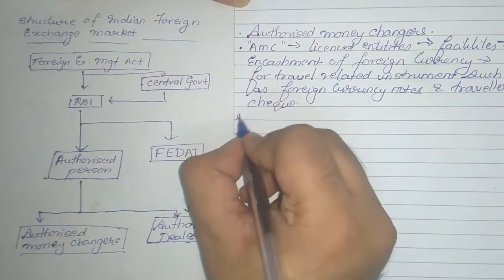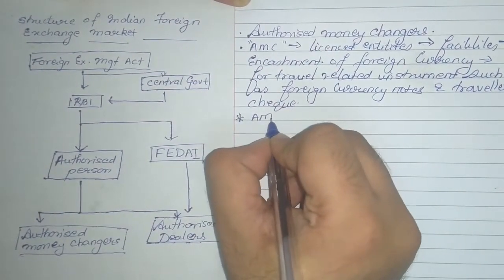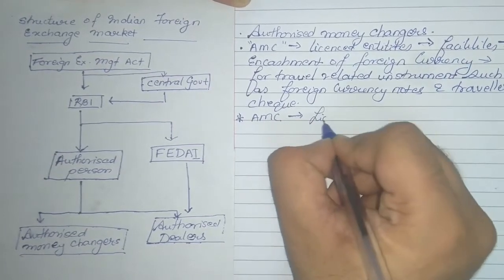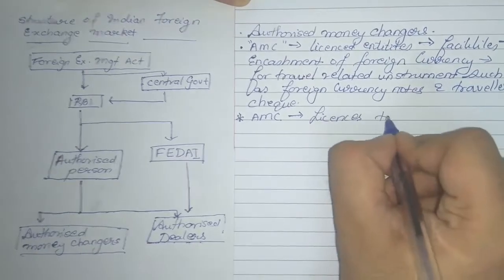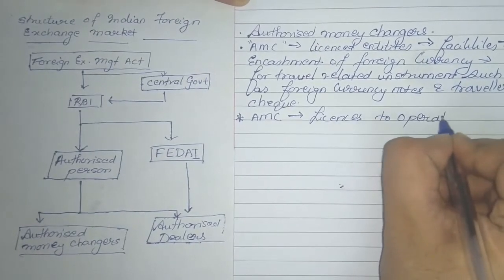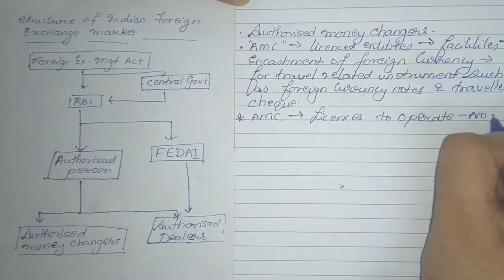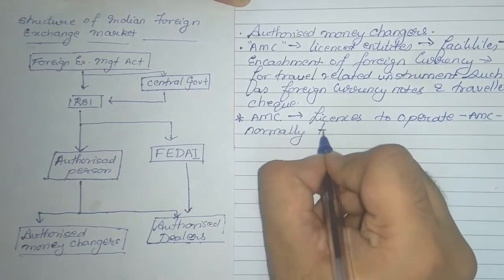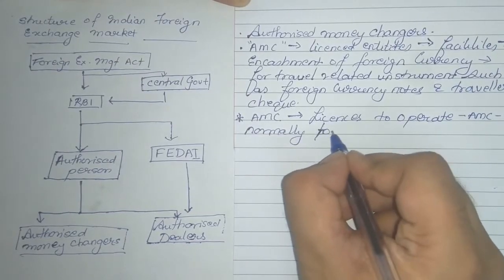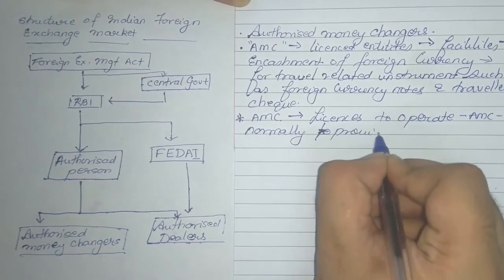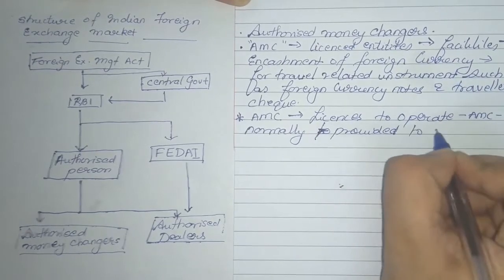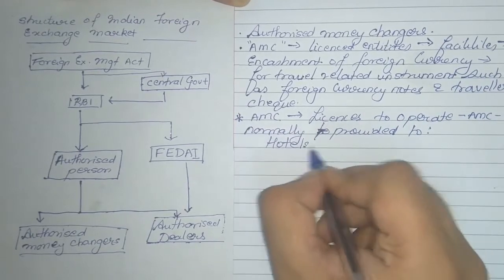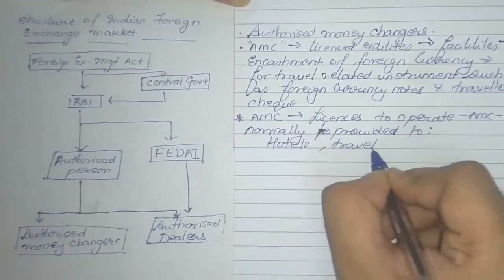So we can note down that the license to operate as authorized money changers is normally provided to hotels, travel agencies, so anything related to travel.